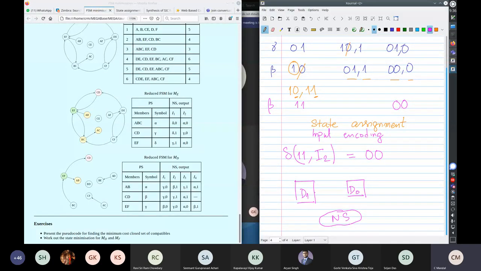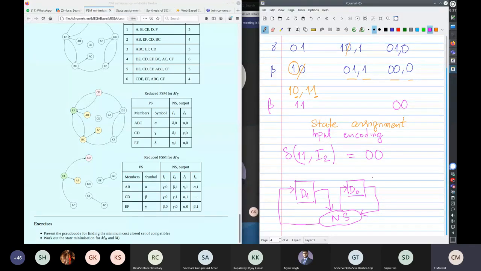The next state function, so this is going into your next state function, and you're getting new values for D0 and D1.